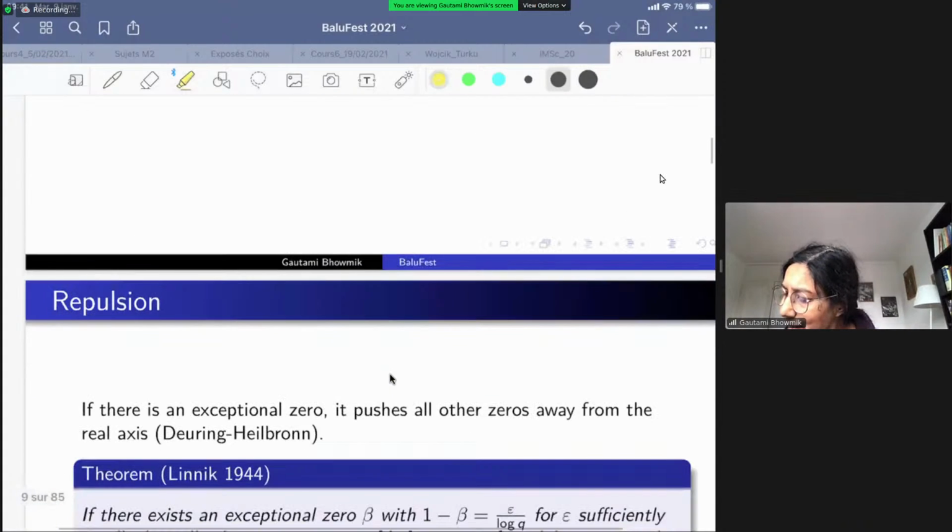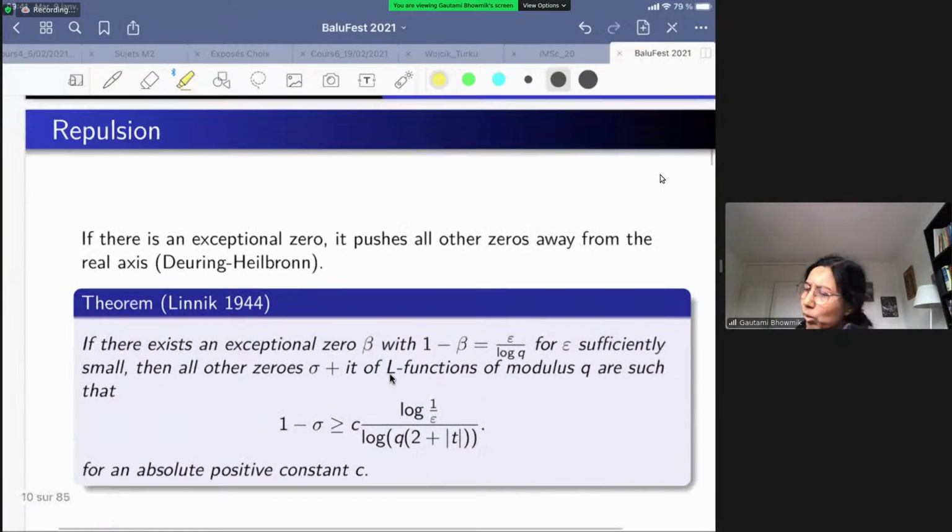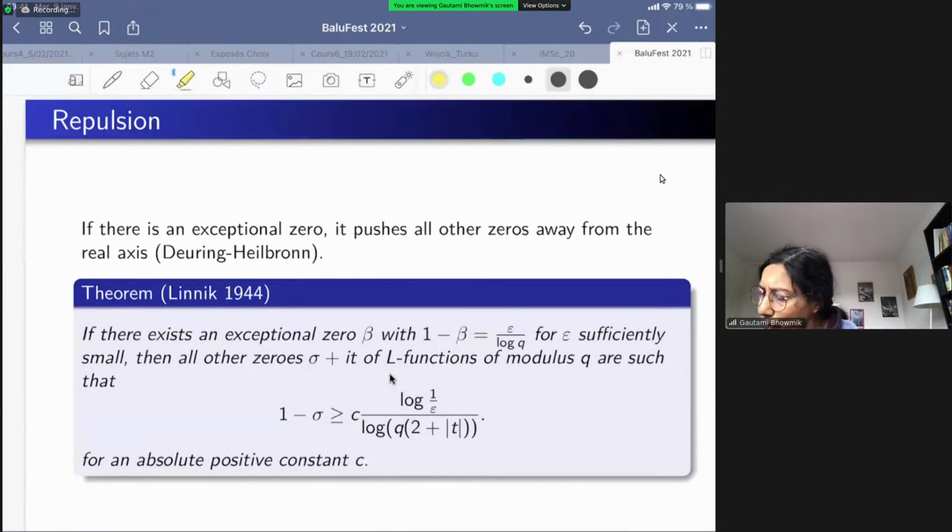I'm giving it to you in the form in which Linnik stated it in 1944, because it could also be stated in the original form, but that's slightly more complicated.